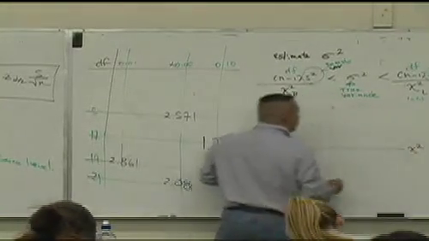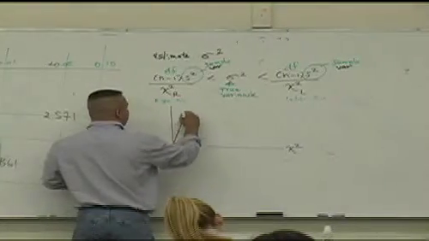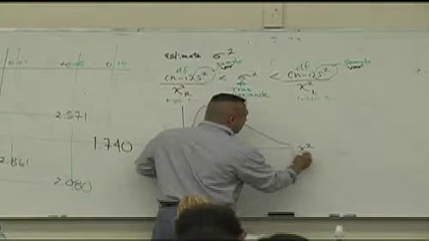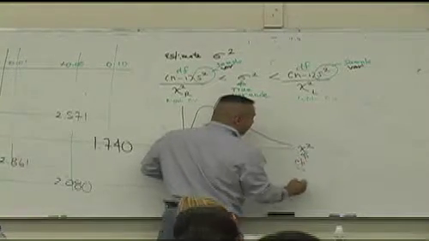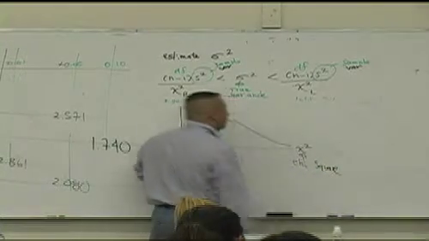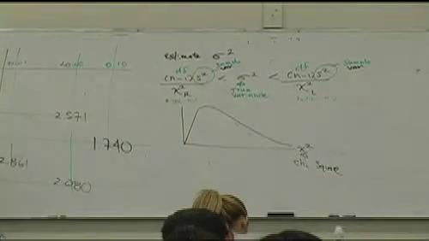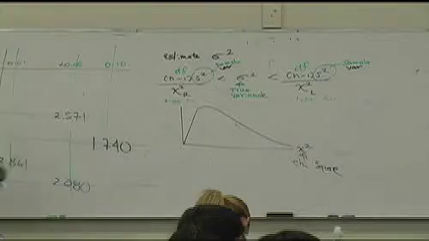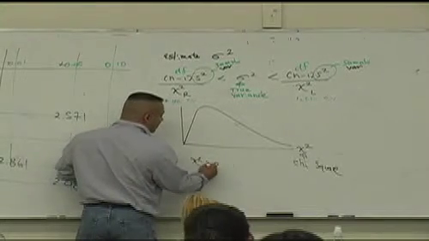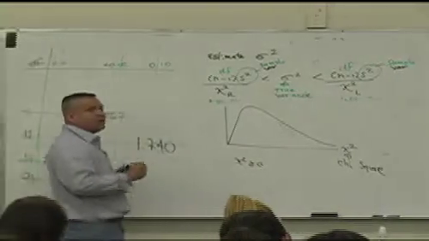Here's your chi-square distribution. Okay? It's spelled CHI, and the power 2 is where they get the square from. So it's the chi-square distribution. The chi-square distribution is a positive distribution, meaning that it doesn't have any negative values.